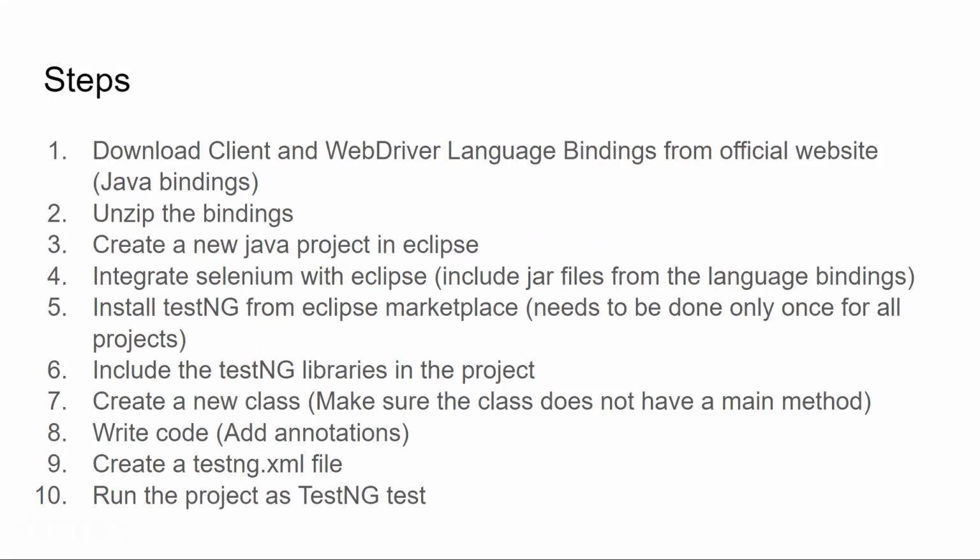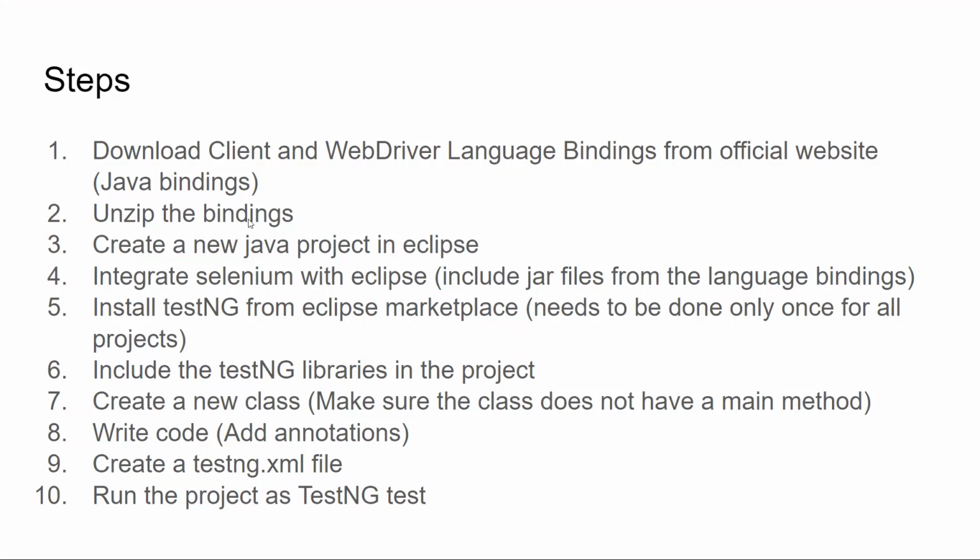So in general, you will be writing or executing these steps for running a Selenium test case. Okay. So first step is you'll be downloading client and WebDriver language bindings from the official website. Okay, so since we'll be writing our test cases in Java, we'll be downloading the Java bindings.